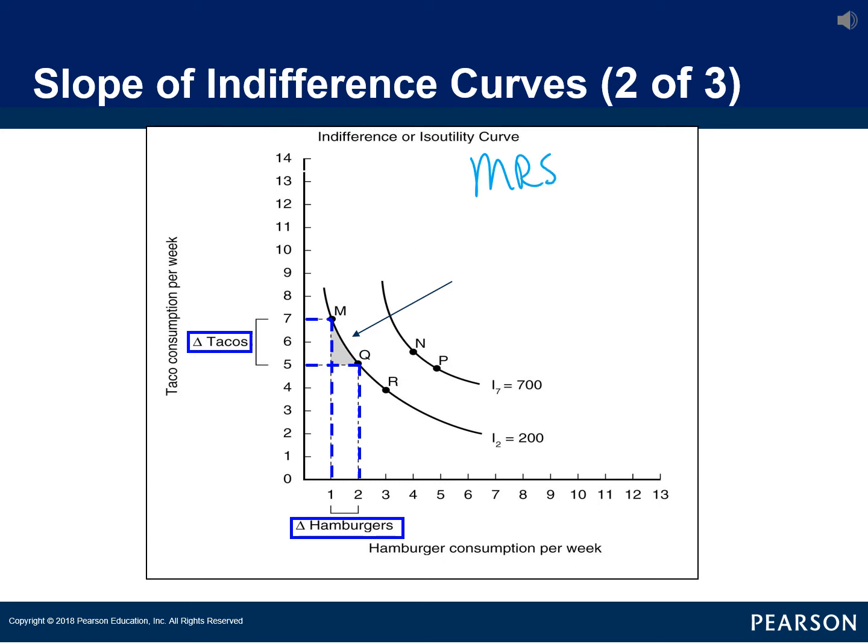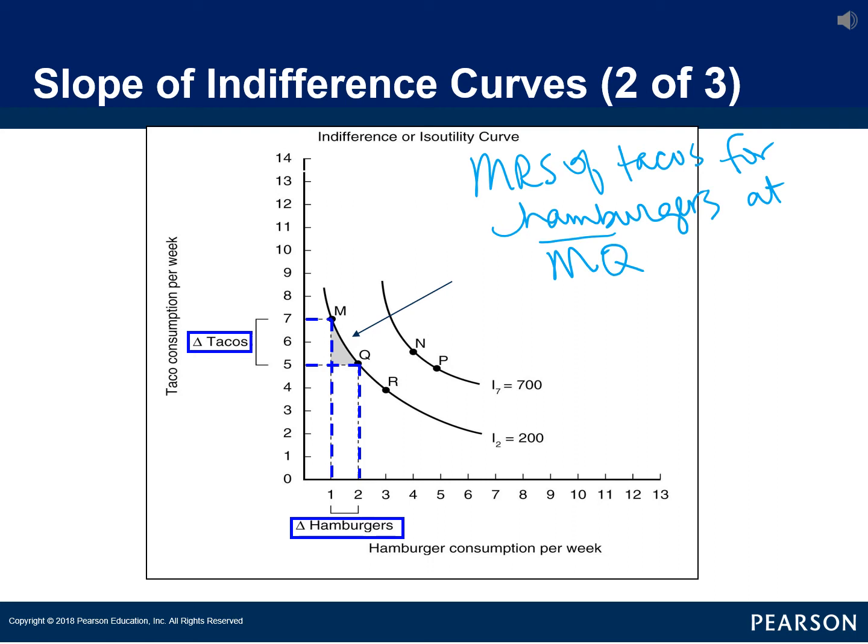MRS for marginal rate of substitution of tacos for hamburgers at MQ. In other words, how many tacos am I willing to give up for hamburgers?